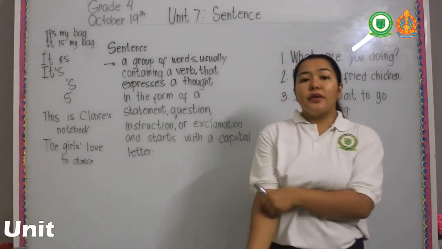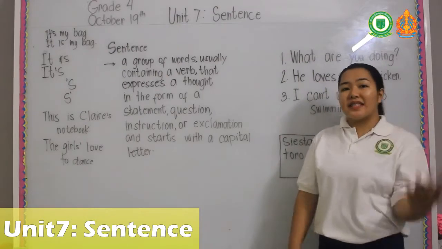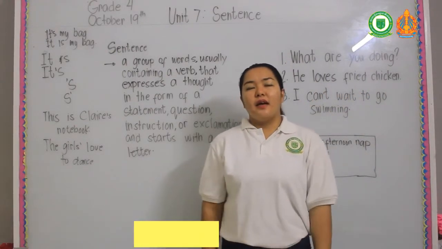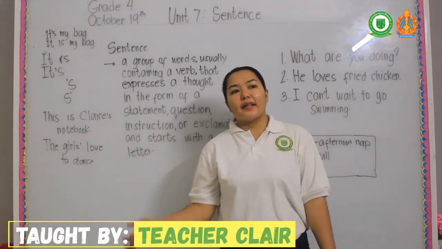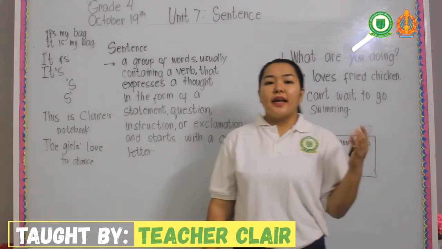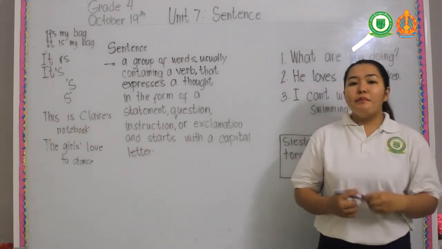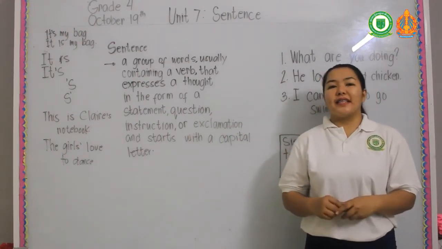We're still in Unit 7 and we are going to talk about sentences. So everyone, what is a sentence? Maybe you would just say, I love dogs, I love cats, I want to eat bread. Yes, exactly, that is a sentence. But let's learn more about the details of a sentence, okay?